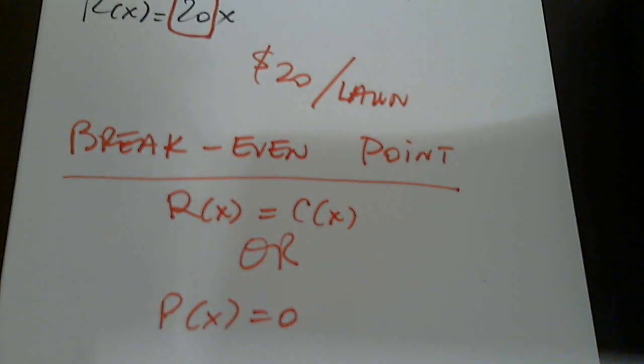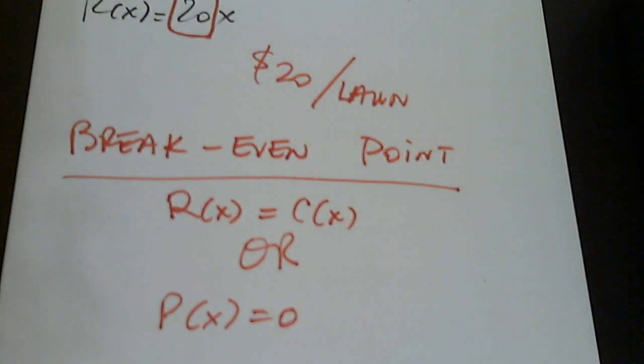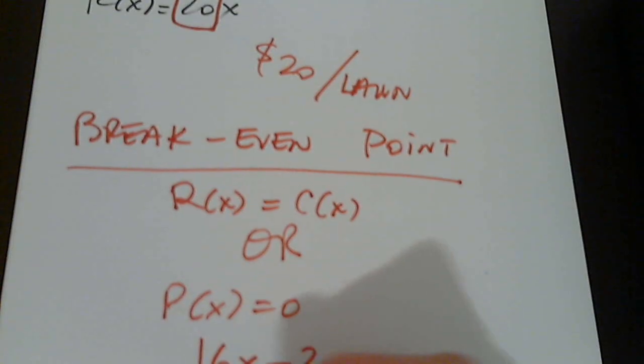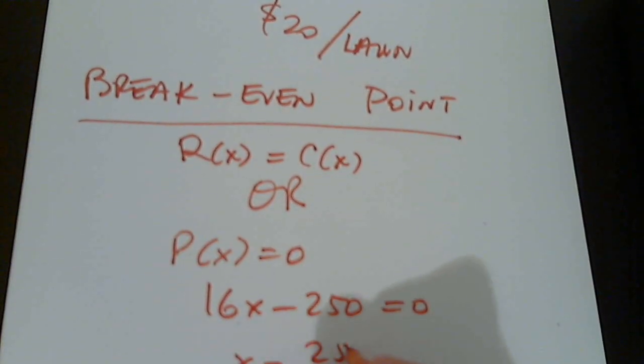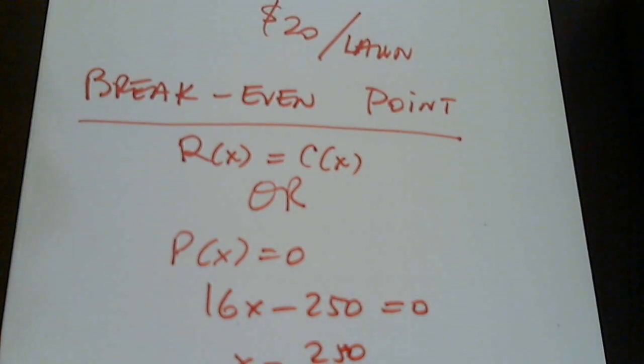Very simple. The profit function is 16x minus 250 equals 0. So x equals 250 divided by 16. I already had the calculator in the background for you. I'm going to divide 250 divided by 16.